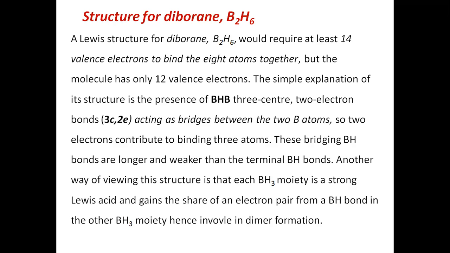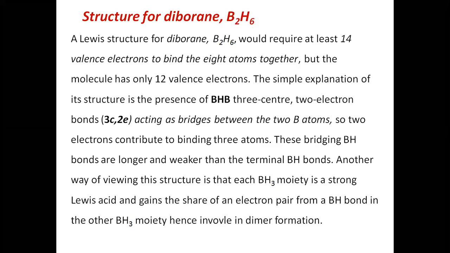One bond means 2 electrons. So 6 hydrogens forming 6 bonds gives a total of 12 electrons. Similarly, there should be a bond between boron and boron, because a dimer is only possible when there is a bond between them.